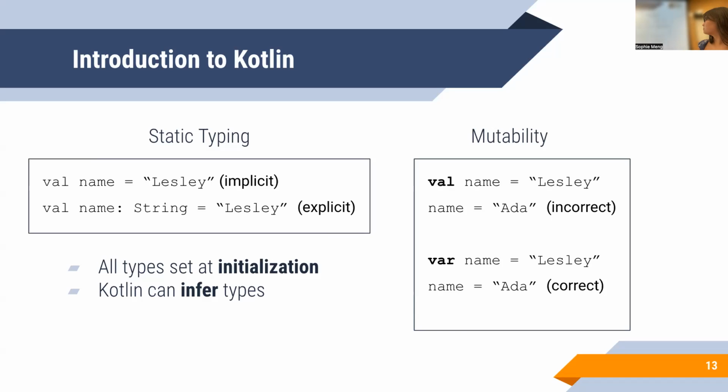The key difference is that we wouldn't be able to reassign that array. So if I had val numbers equals 1, 2, 3, 4, and I tried saying numbers equals 1, 2, 3, 4, 5, that wouldn't work because we're reassigning it. But if I said numbers dot add 5, that would work. So that's a little bit about mutability and typing, but as you code more with Kotlin, you'll get a better hang of this.